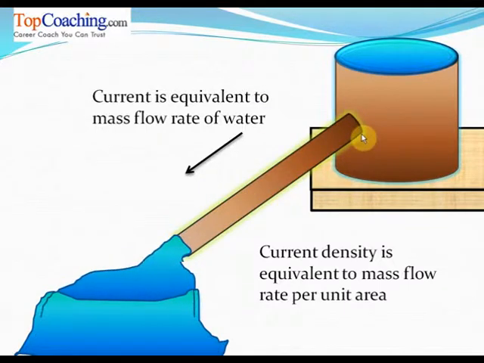So basically the flow of electric current is very similar to the flow of water. In the case of electric current, electrons are flowing, and in the case of water flow, water molecules are flowing, isn't it? In the case of electric current, it's the potential difference that causes the electrons to flow and the current to flow. In the case of water, it is the height difference which causes the water to flow or the water molecules to flow.